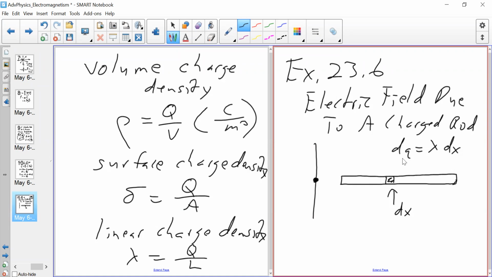If this was Q, then this would be lambda times L, because we now have summed up all the pieces. Each piece has its own little charge contribution.